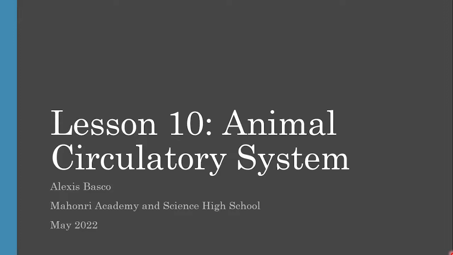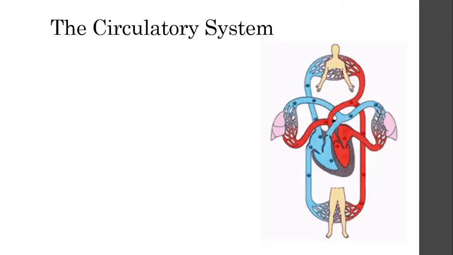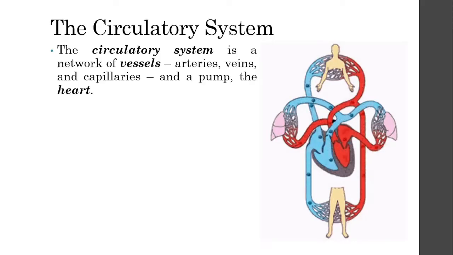So in order to start our discussion on the circulatory system, let's start with a little bit of discussion about the system itself. First, the circulatory system includes two important parts, which are the vessels and the heart. The vessels are basically the network where the blood travels. This includes the arteries, veins, and capillaries.